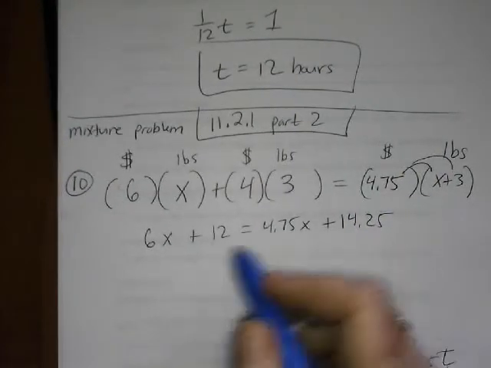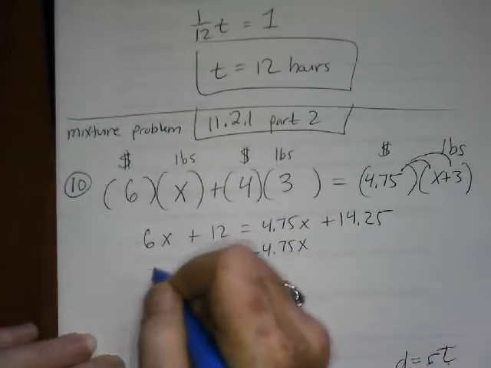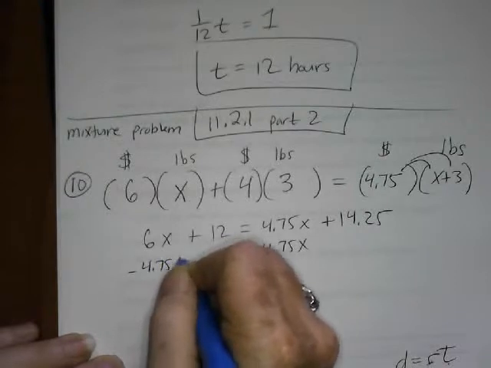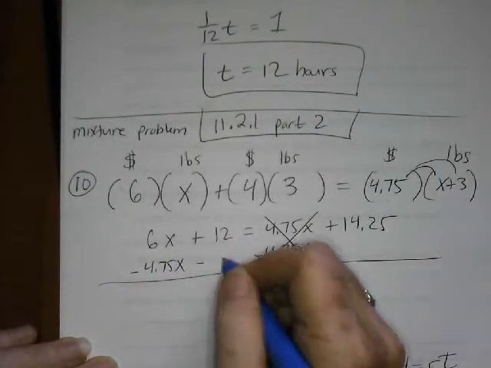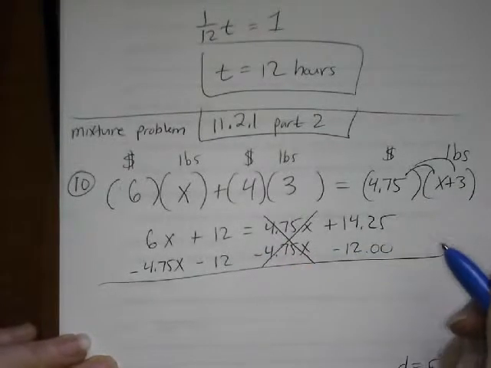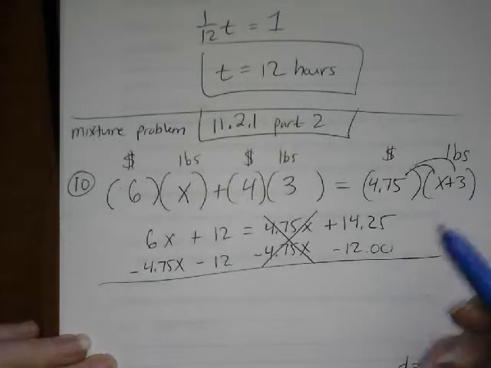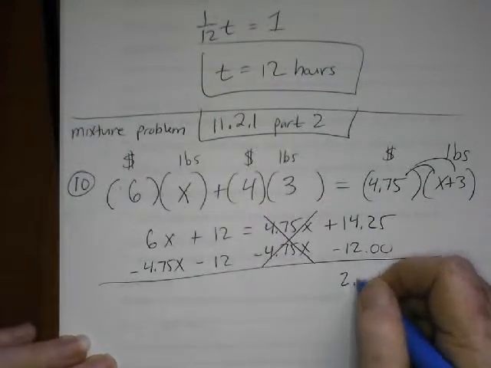I'm solving for X, so I'll subtract 4.75X on both sides, and I'll also subtract 12 on both sides. What does that give me? Does that give me 2.25? Let's see, minus 12, it's 2.25. I have to check with my decimal math.